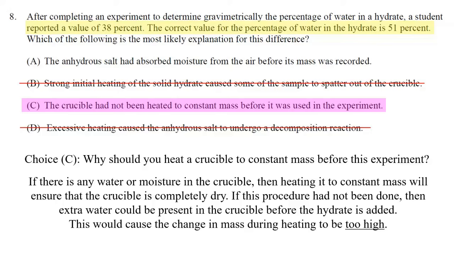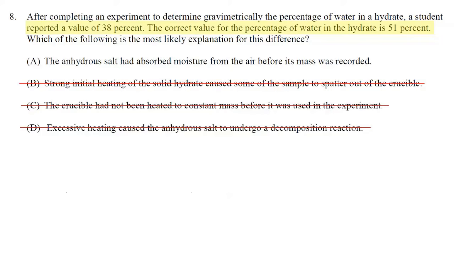So if this procedure had not been done, then there could have been extra water present in the crucible before the hydrate was even added. So now you're removing not only water from the crucible, but also water from the hydrate. That would cause the change in mass to be too high if that had not been done. So I can eliminate choice C.